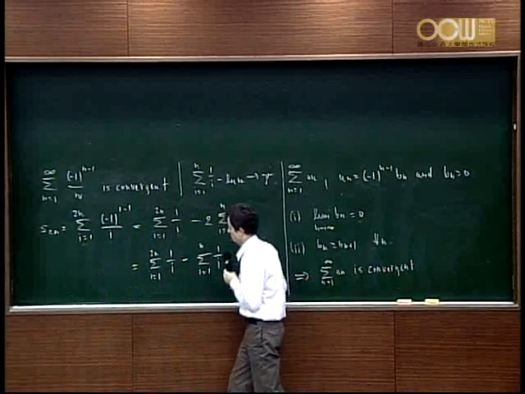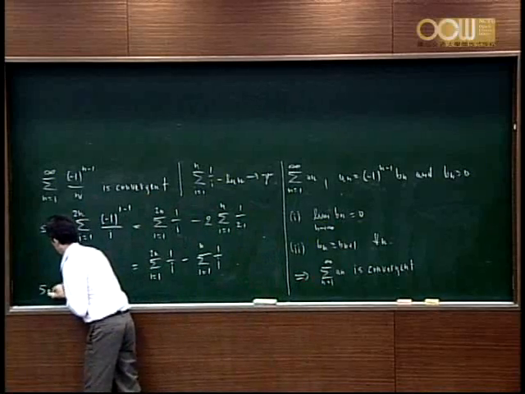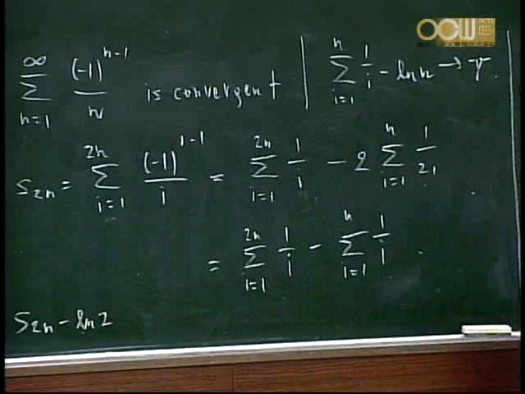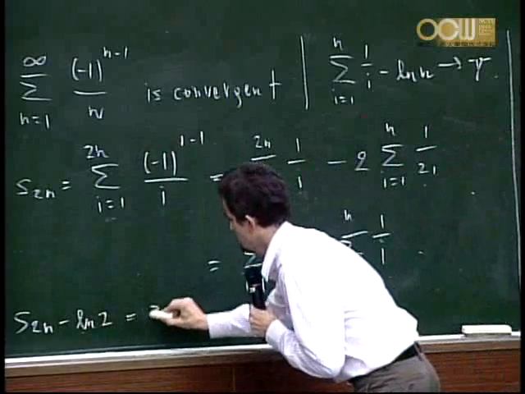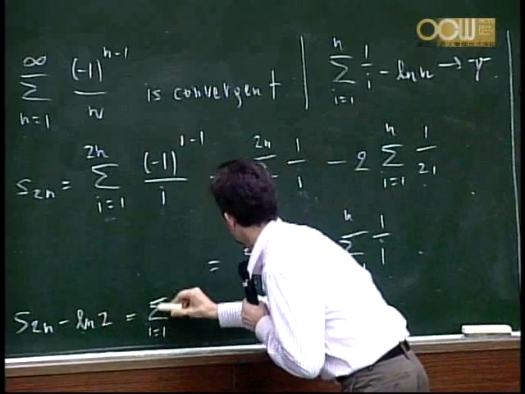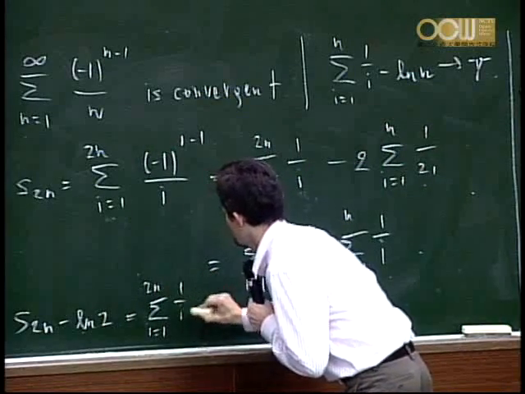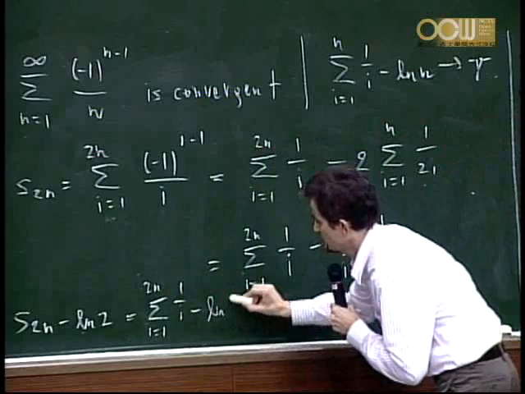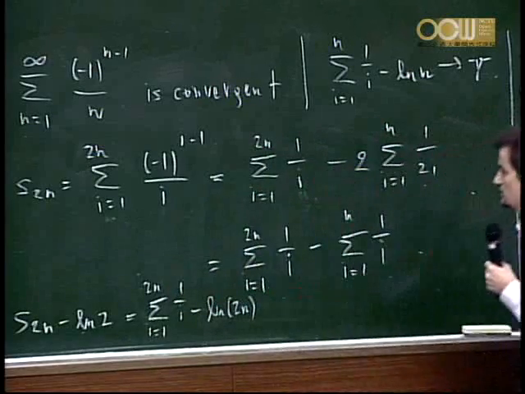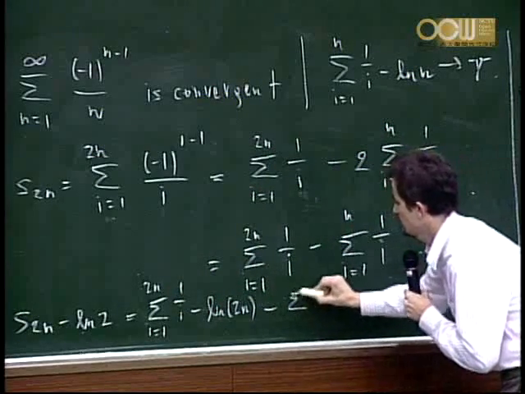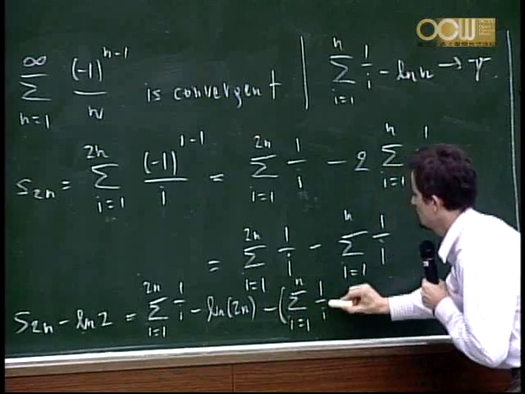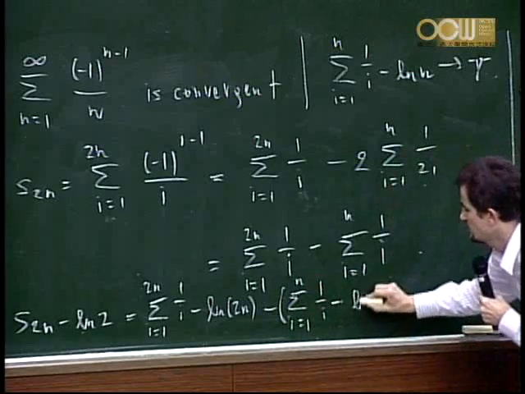Okay, so let's check this. So if you have S2n minus ln of 2, okay, because you can write this as the sum i from 1 to 2n of 1 over i. Okay, and now we rewrite this a little bit. We write minus ln of 2n. Okay, and then we have minus the sum i from 1 to n of 1 over i, and we subtract here minus ln of n.